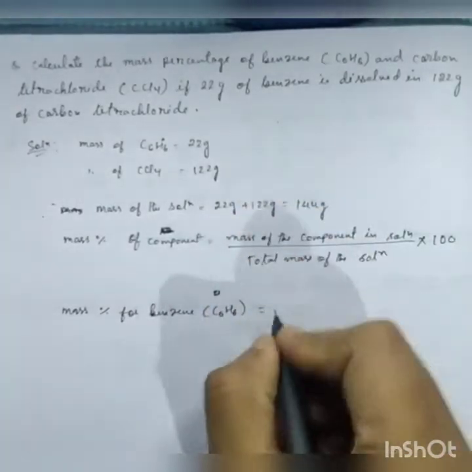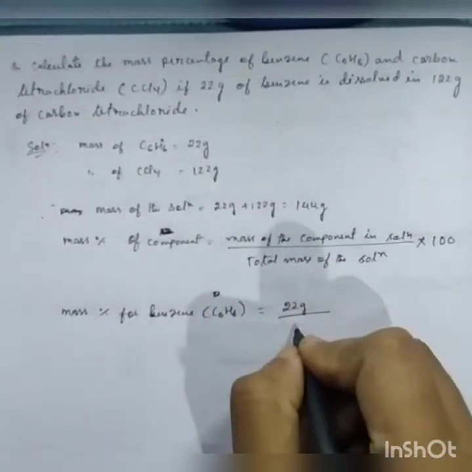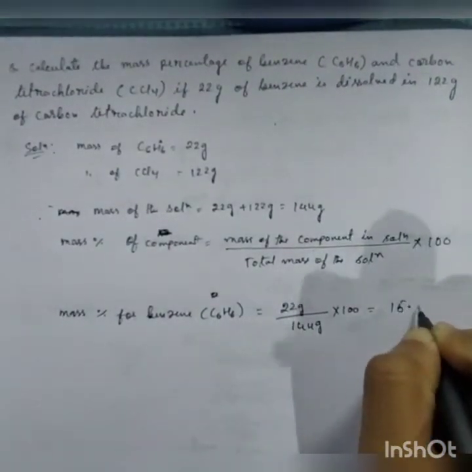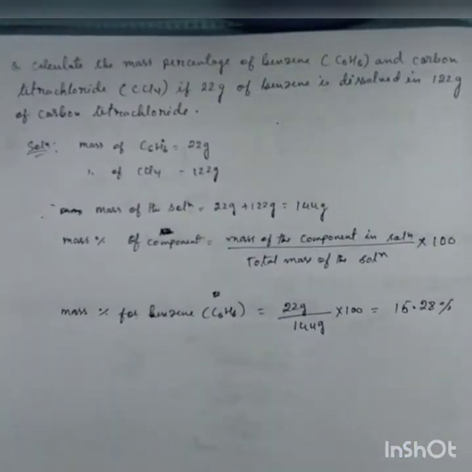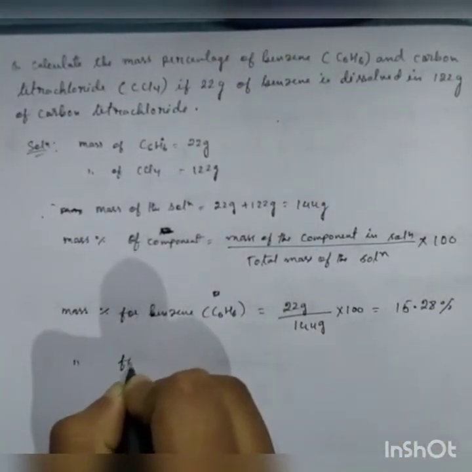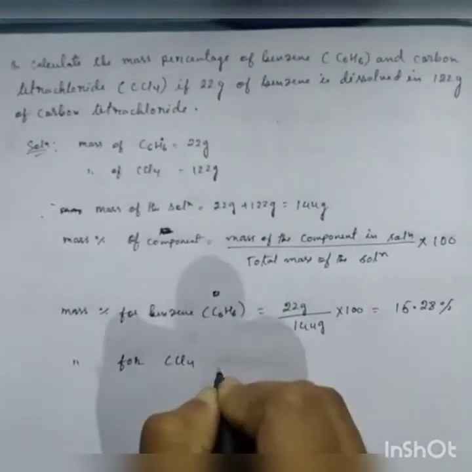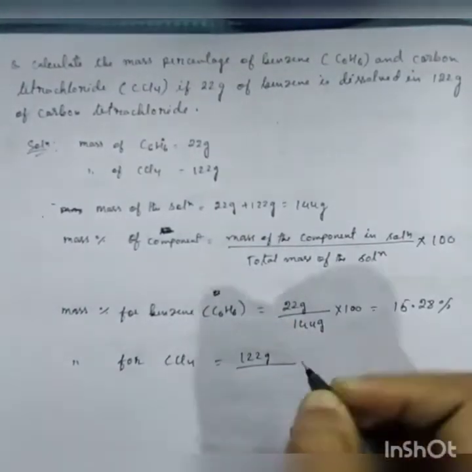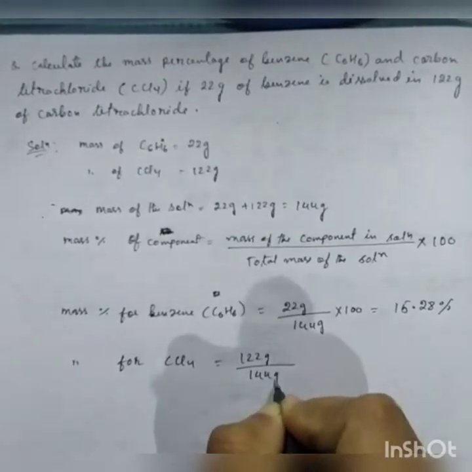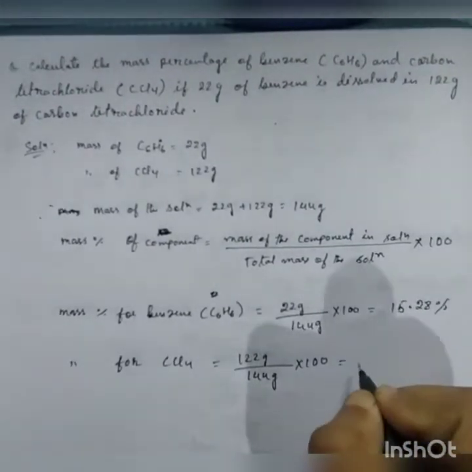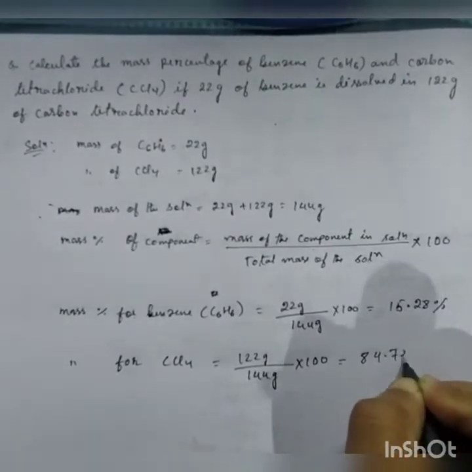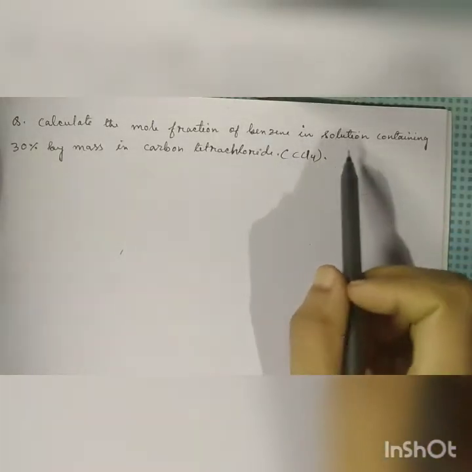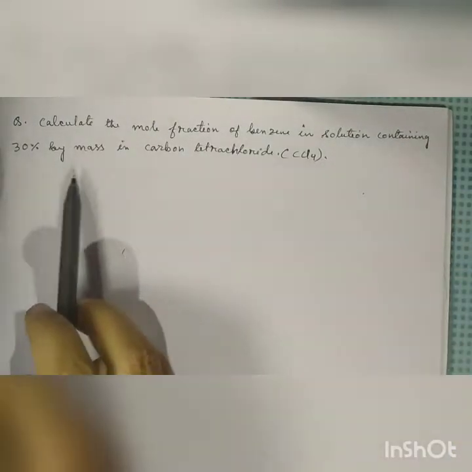The mass of the component in the given solution is 22 gram divided by the total mass of 144 gram, into 100, and this will be 15.28%. And the mass percent for CCl4, carbon tetrachloride: the given mass is 122 gram, and the total mass of the solution is 144 gram, into 100, and this will be 84.72%.